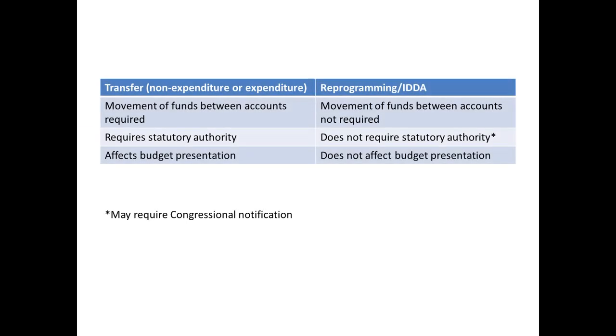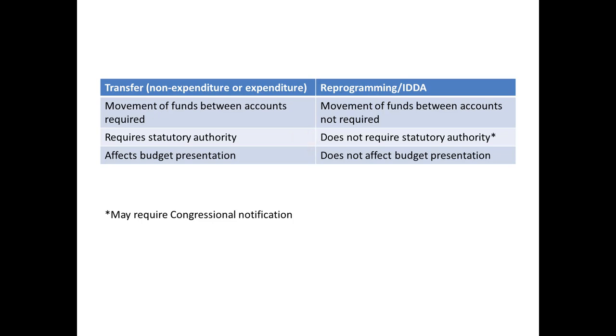So, there are three major differences between transfers and reprogramming, or IDDAs. With a transfer, a movement of funds between accounts is required. With a reprogramming or IDDA, no transfer is involved. Transfers require statutory authority, but neither a reprogramming nor IDDA requires statutory authority from Congress.